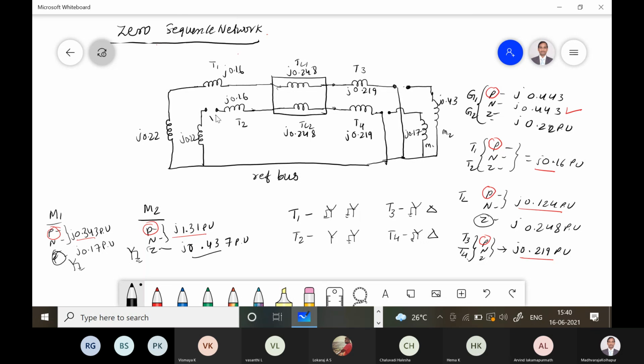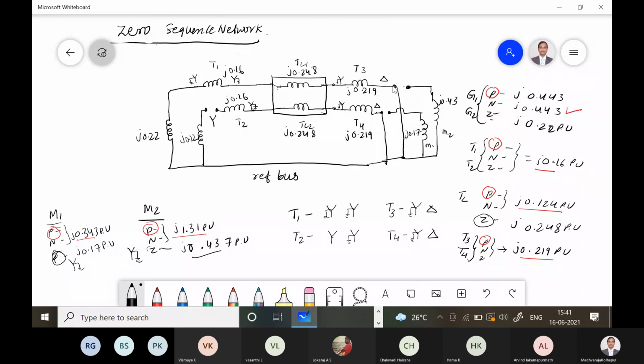So here only star is there, hence it is open, not grounded. Here in this case, delta is there in this transmission line, hence it is open. Here star ground is there, hence it is closed. Here also star ground is there, closed. Whenever delta comes into the picture, we need to connect the shunt switch.